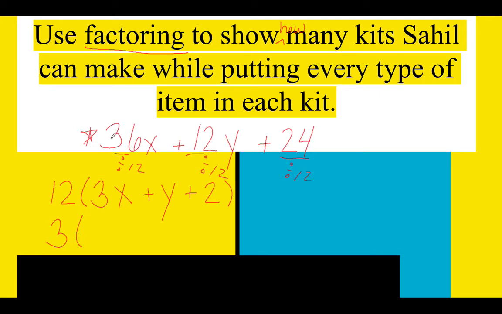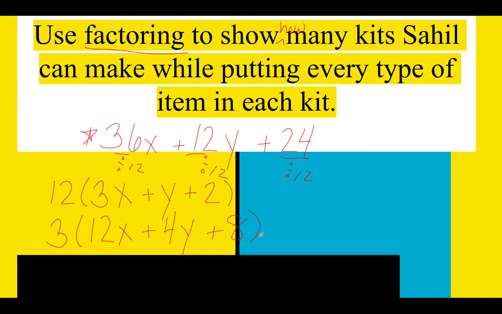If they were to make 3 packs, they would have 12 packs of X amount of pencils and 4 packs with Y amount of crayons in them and 8 erasers. Okay, so there's different ways that we can factor to show how many kits they can make.